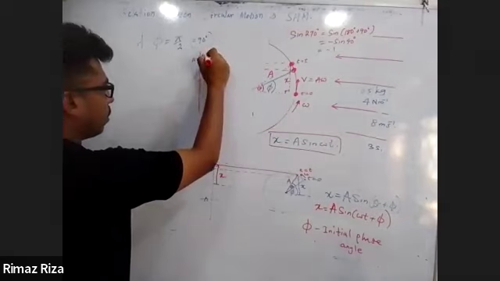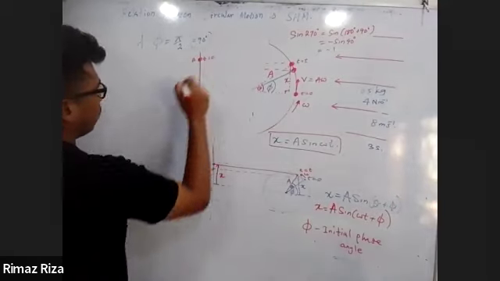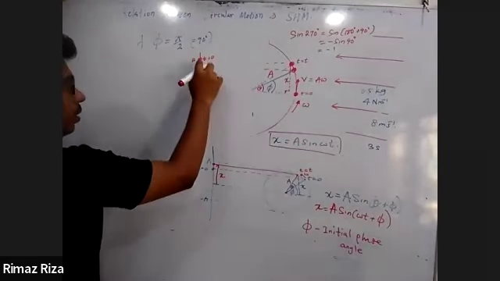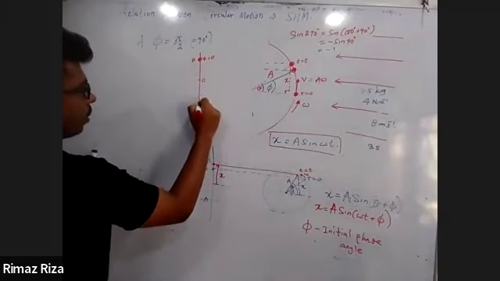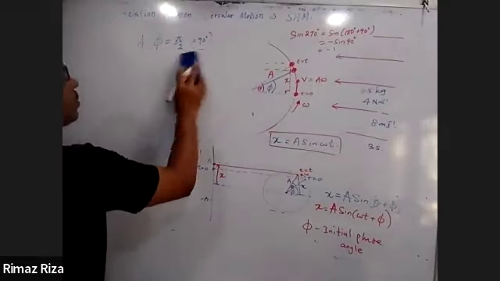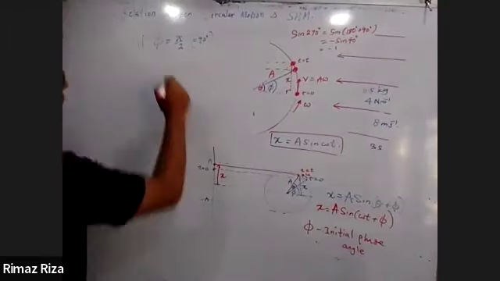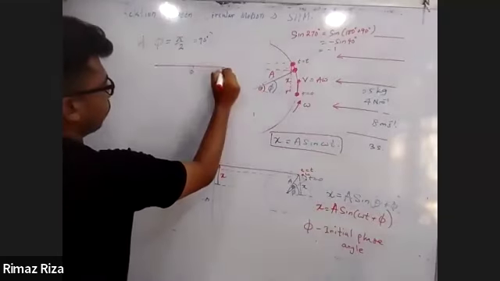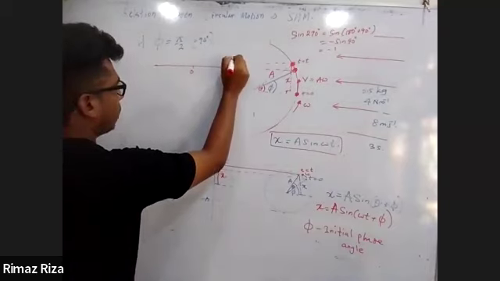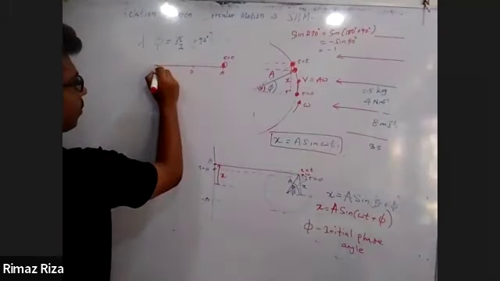When it's here, phi equals 0. If phi is this, the particle is at the amplitude a, the particle is here, then we measure the time.